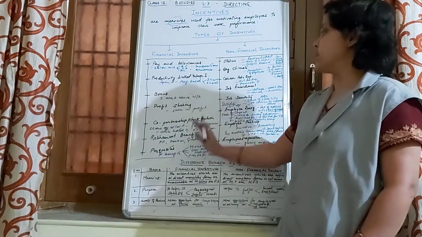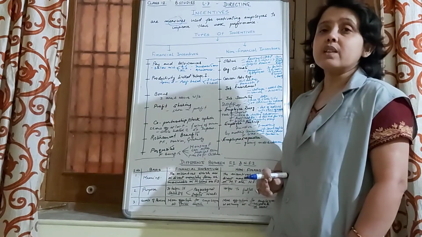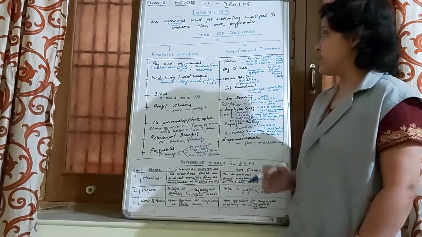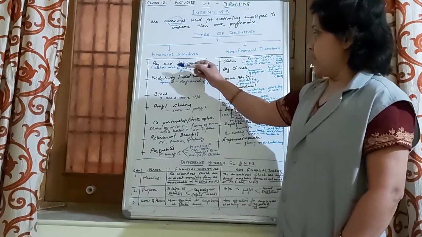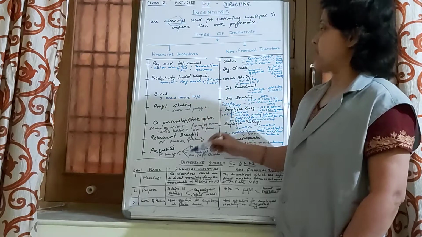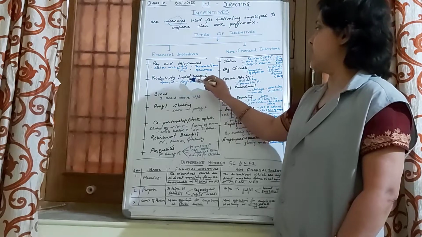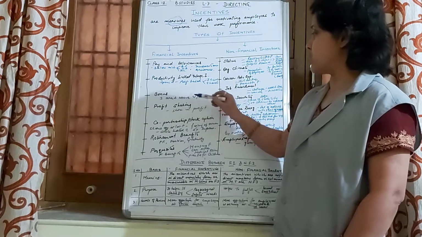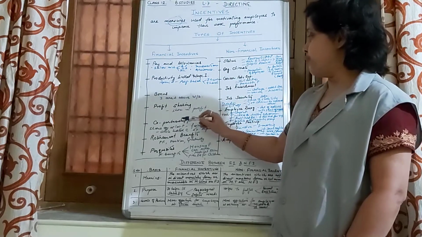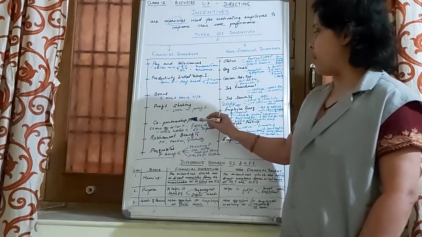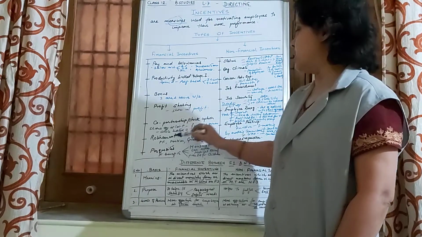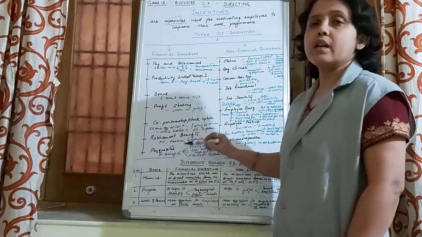First of all, we will be taking the financial incentives. You can see there are 6-7 types of financial incentives: pay and allowances, productivity linked wage incentive, bonus, profit sharing, co-partnership or stock option, retirement benefits, and perquisites.